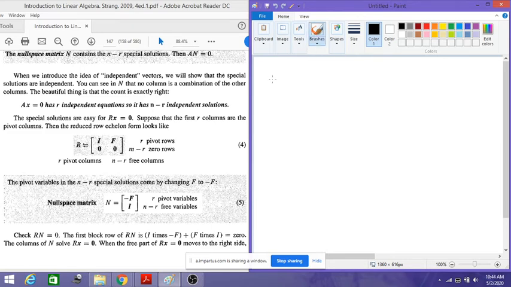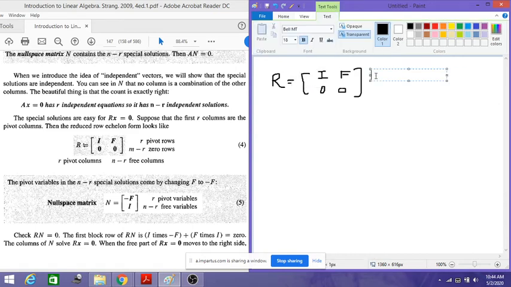So then we can write the reduced matrix with the identity matrix, because we have the identity matrix and also the free columns, and below a few of the rows will be 0. So it means the rank of the matrix r has r pivots. Let me write like this. It means it has r pivot rows, then it has m minus r 0 rows.